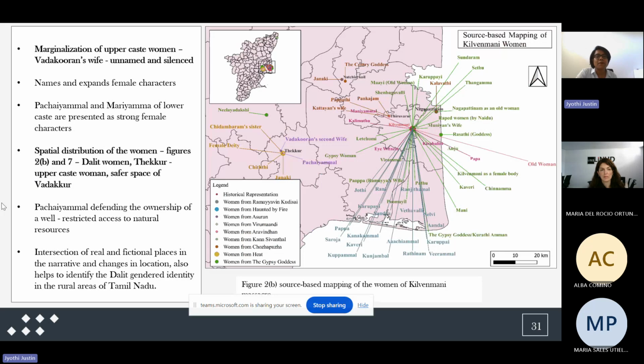So this binarization between spaces and gender, also spaces in caste, is visible through mapping, like how Dalit or upper caste are located in one particular place called Tikkur, and how upper caste people are located in another place that is exactly opposite to the location of the Dalits.